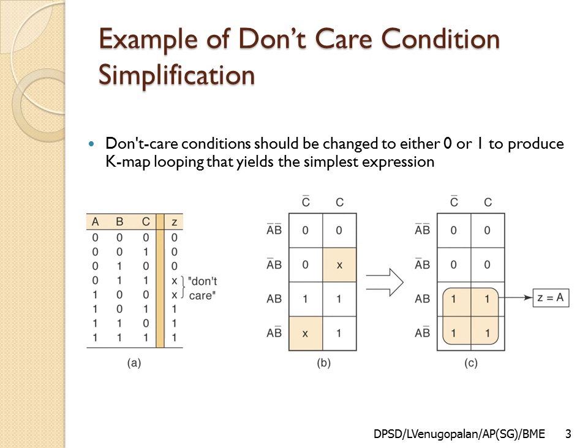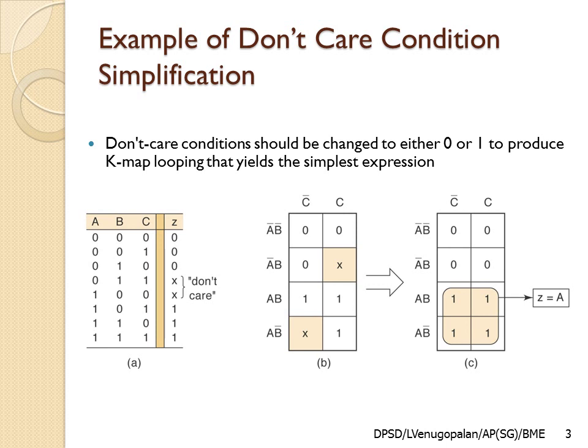Now let us look at an example where we use the don't care conditions. I am given a 3-variable truth table, and when the input is 0, 1, 1 or 1, 0, 0, I really don't care what the output is. The output is X. It could be 0, it could be 1.